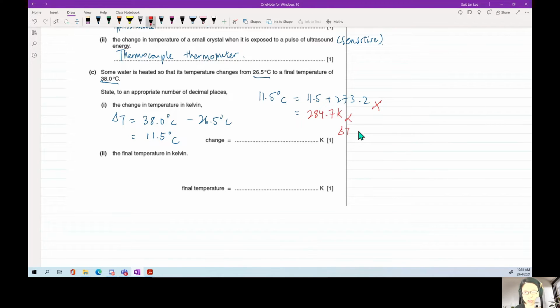Because the change in temperature is equal for both Kelvin and degrees Celsius. What you're going to do when you find the change in temperature is, for this 38 degrees Celsius, you will add 273.2, and then you will subtract 26.5 plus 273.2.